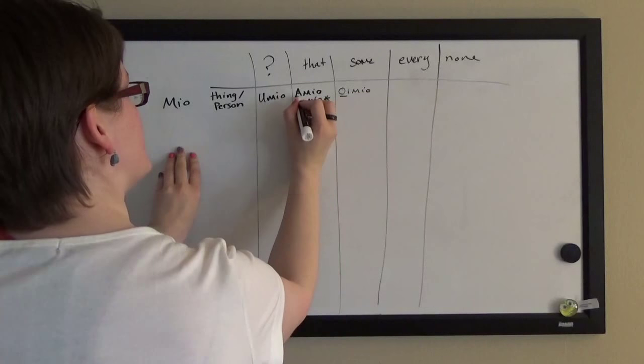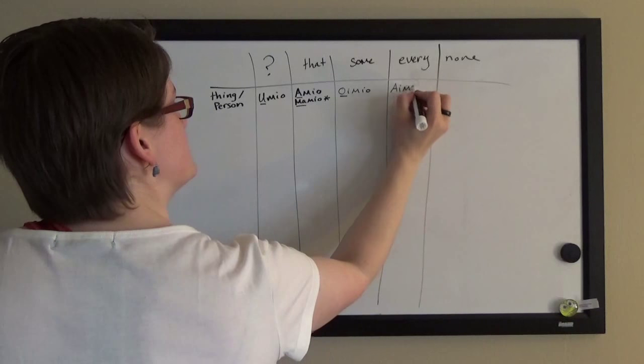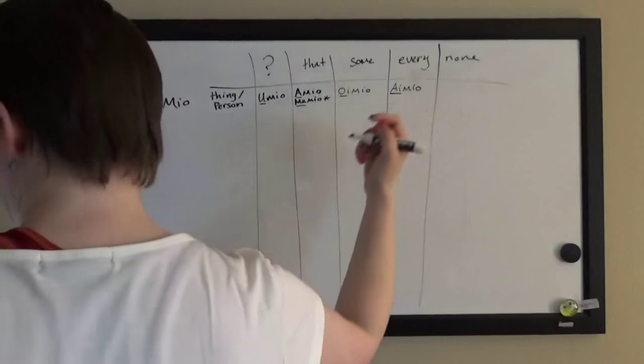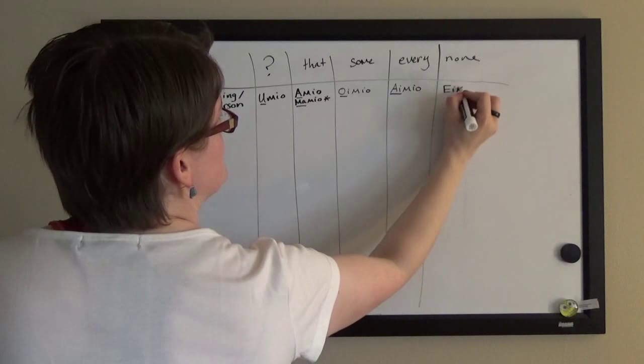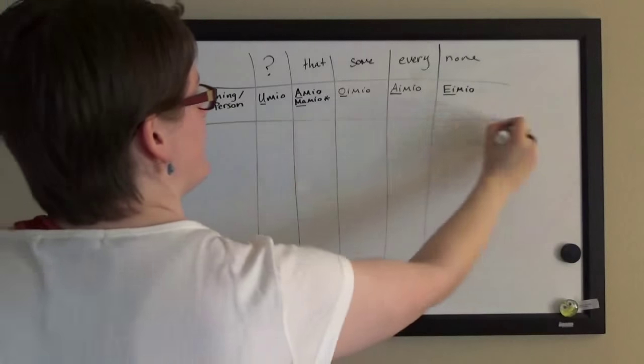You'll notice that these will all have the same beginning. Aimio for everything, and amio for none, so nothing. Okay, so that's a thing.